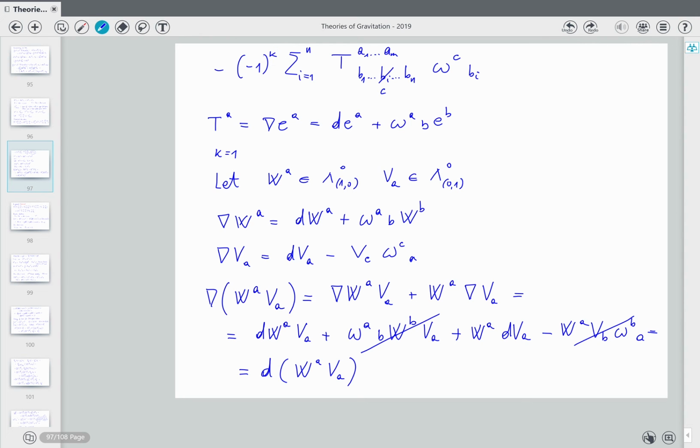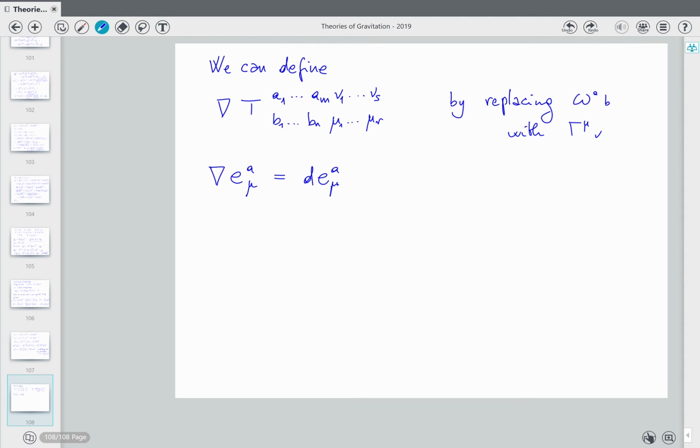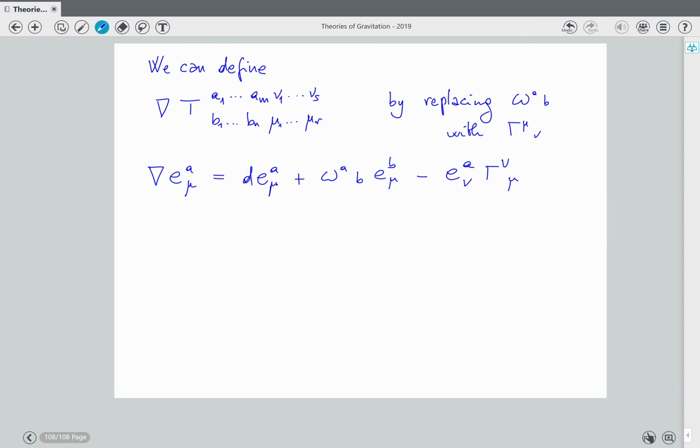So what you get here is omega AB E B mu minus E A nu gamma nu. This is the covariant derivative of the field binding as the coefficients now, not the field binding as a form or as a vector.